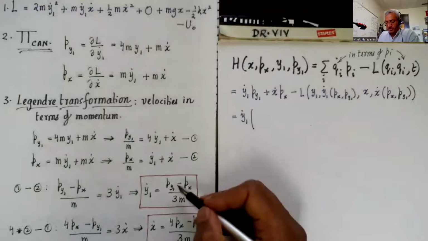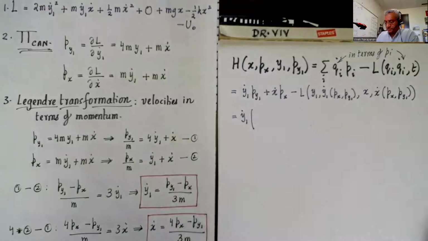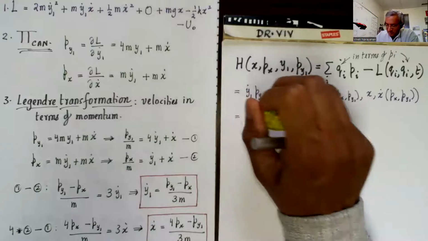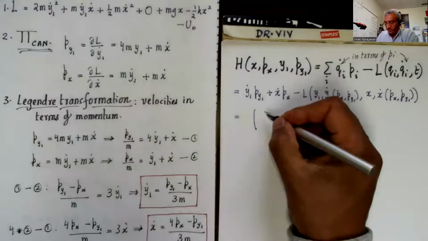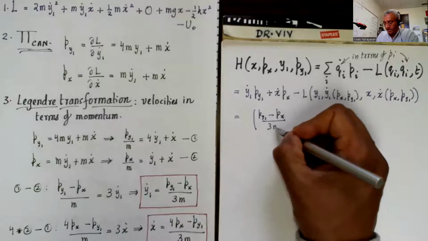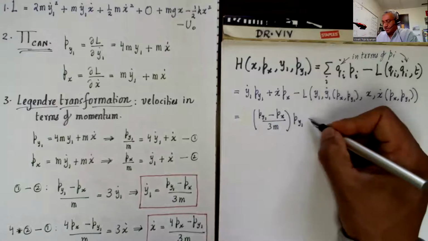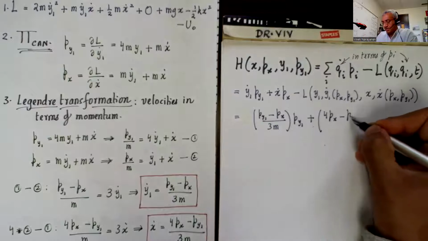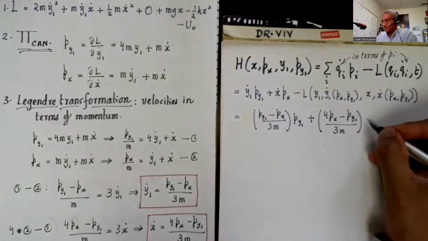y1 dot times, this is py1. Let me just write y1 dot first. y1 dot is py1 minus px divided by 3m times py1 plus x dot, which is 4px minus py1 over 3m times px.